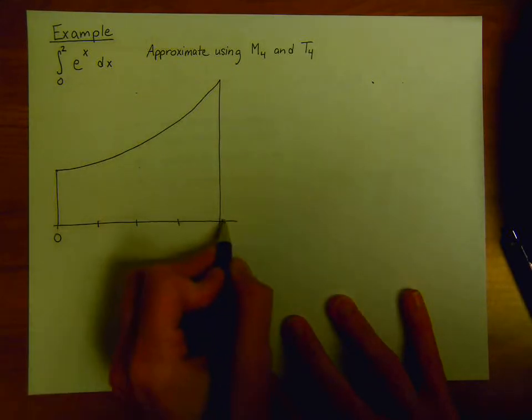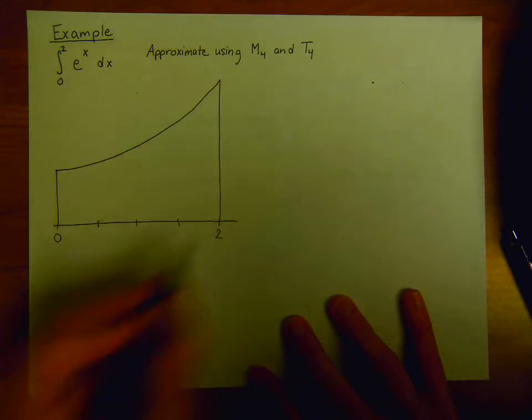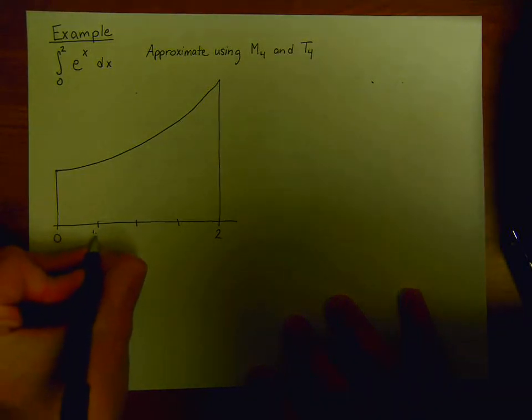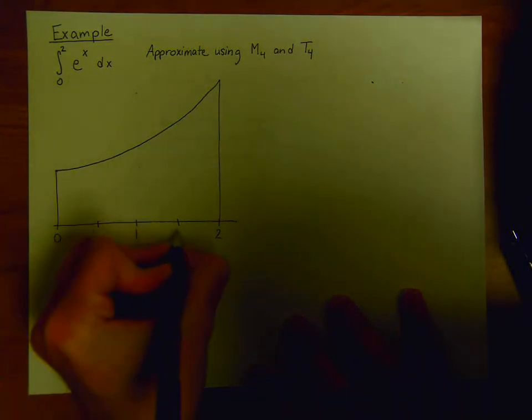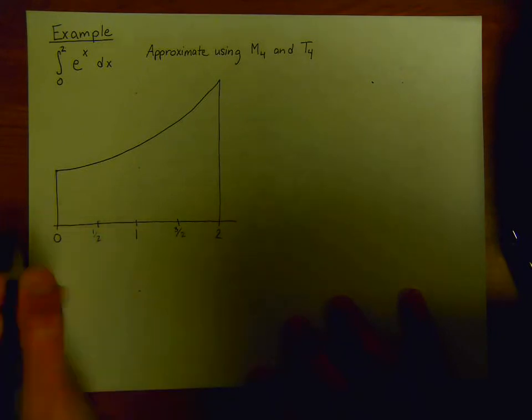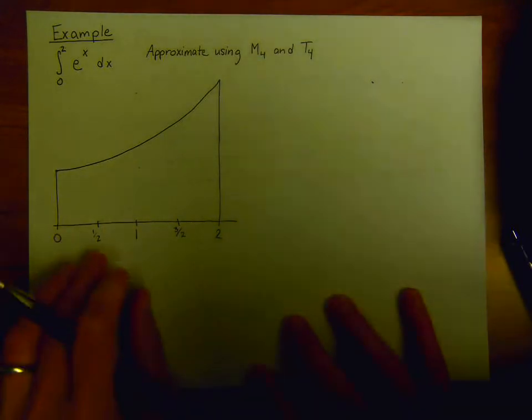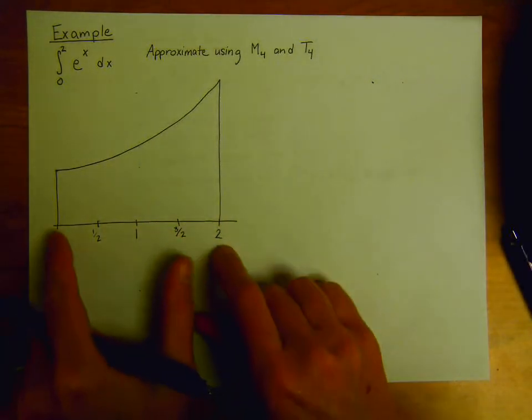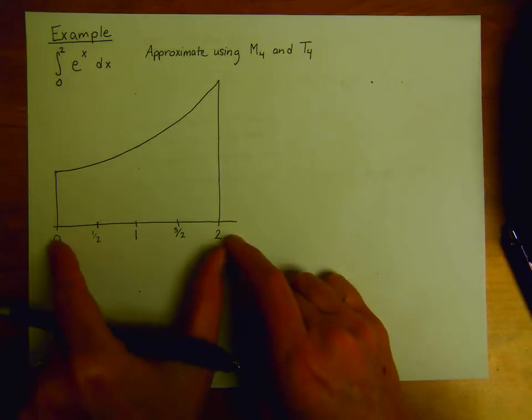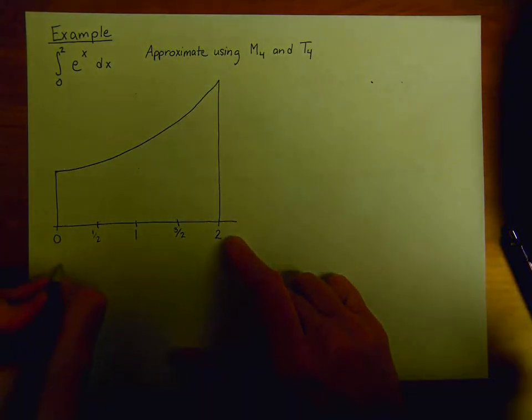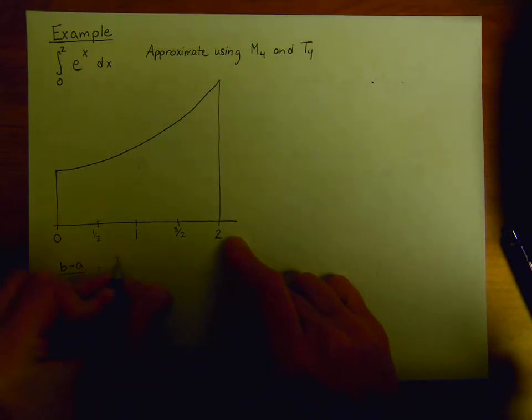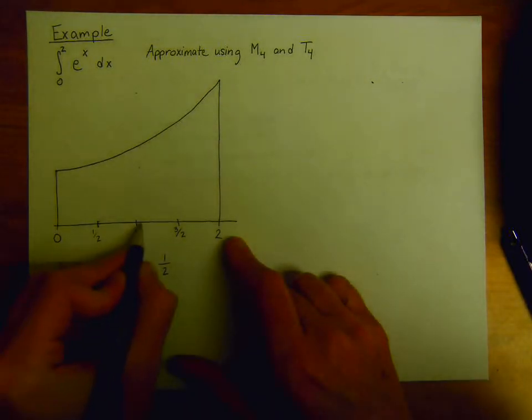So I've taken the interval and I've broken it up into 4 segments, and I'm going to label each of these segments. In my head I can even do it because I'm taking the total distance 2 and dividing it by 4. So in this case, (b minus a) over n is equal to (2 minus 0) divided by 4. And that means that the width of each of these segments is a half, so I can just count up by halves.